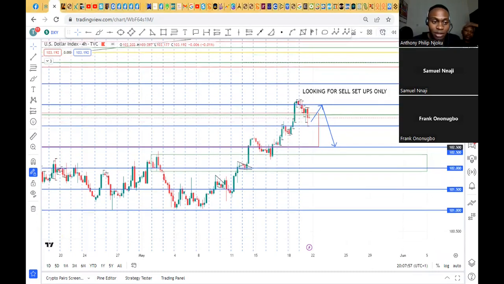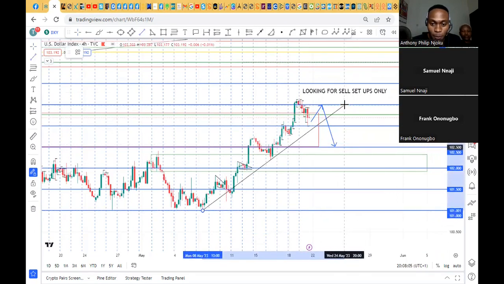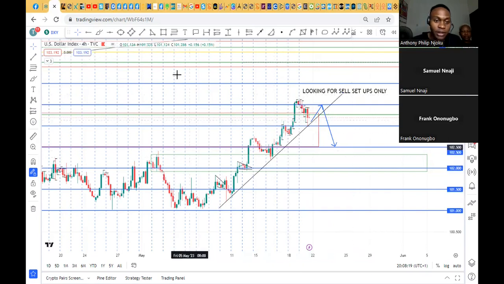So starting with DXY, as we can see, DXY is on a smooth uptrend. Last week ending, you can see it's a very smooth trend.